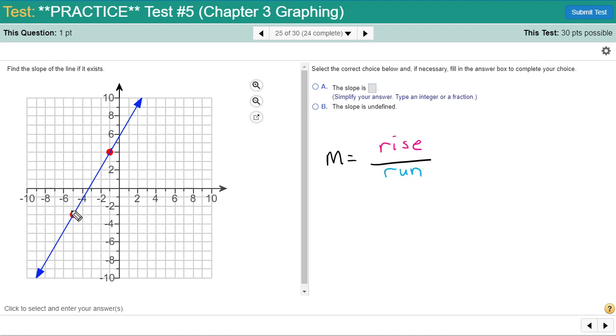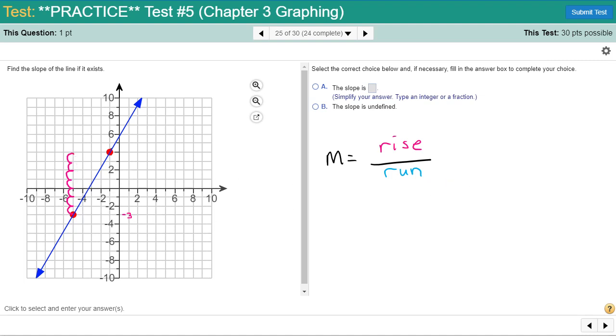So let's see here. How do we get from this point in the bottom left to this point in the upper right here? Well, how many units did we shift up? We started here at -3, right? This looks like -3. If this is -2 and this is -4, right in the middle would be -3. So we go from -3 up 1, 2, 3, 4, 5, 6, and 7.